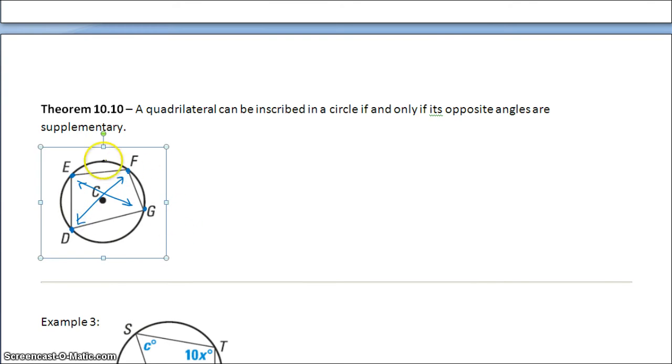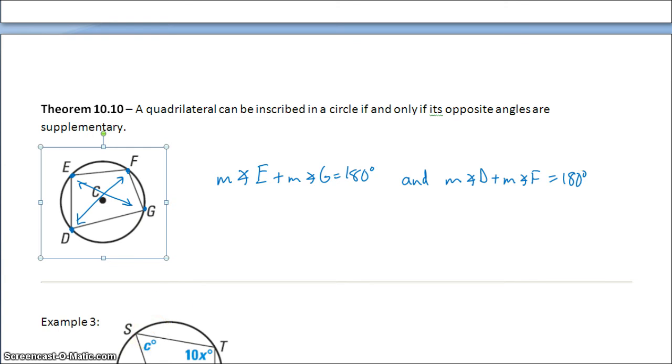So in order for this quadrilateral to be inscribed in the circle, the measure of angle E plus the measure of angle G has to equal 180 degrees, and the measure of angle D plus the measure of angle F has to equal 180 degrees.